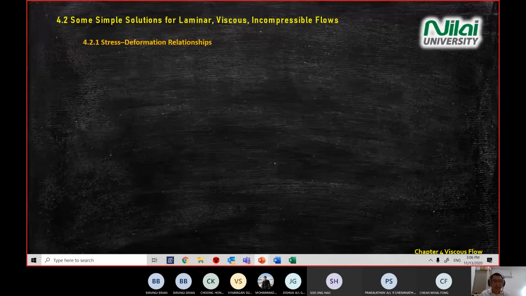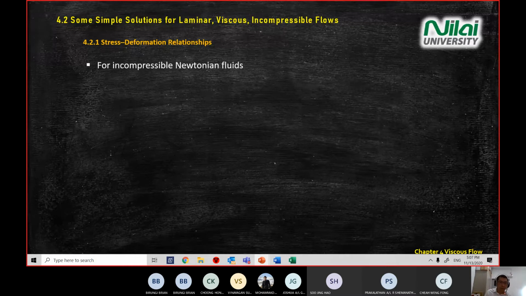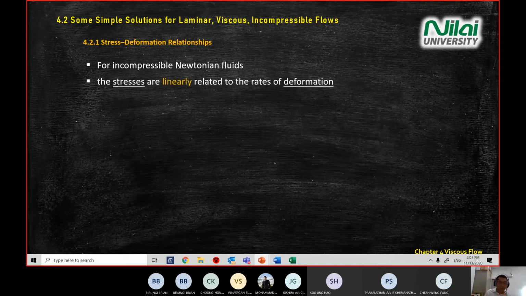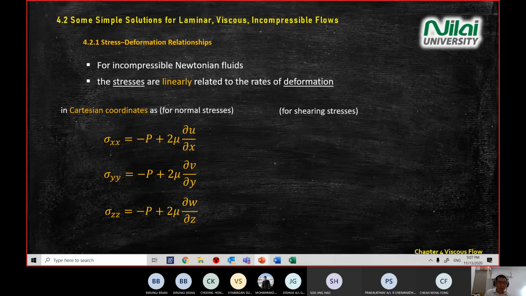Now we look at the stress deformation relationship. So again, all these equations that you see on the screen are given in your handout. So you can see that the stress is linearly related to the deformation.